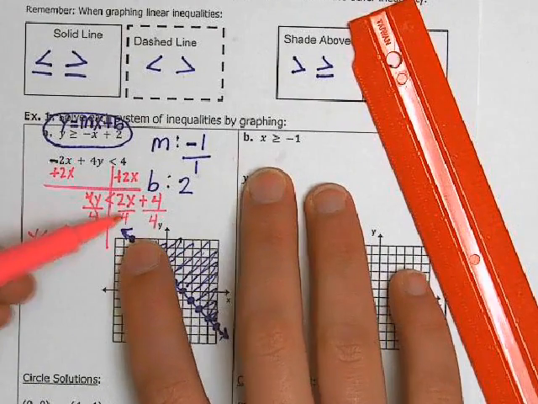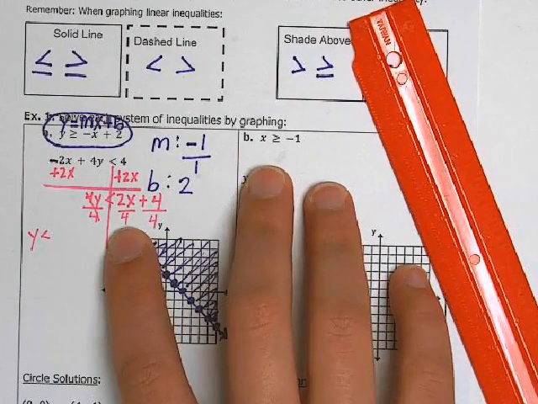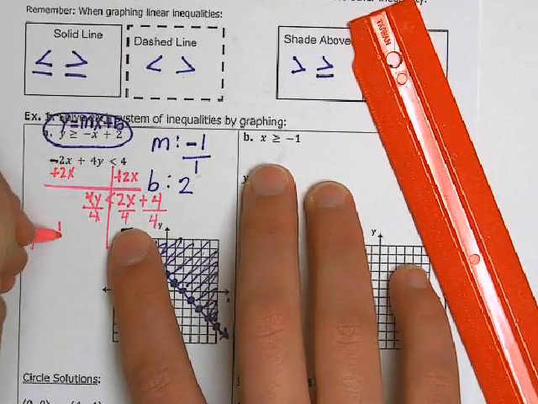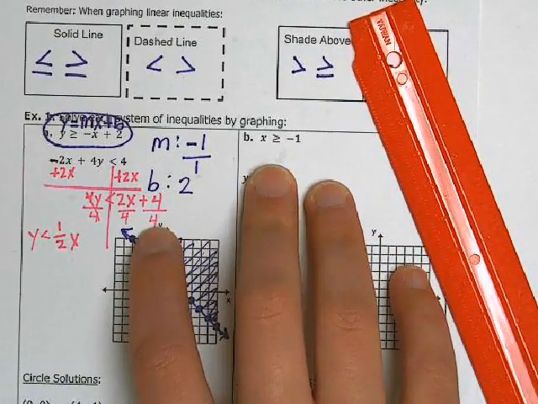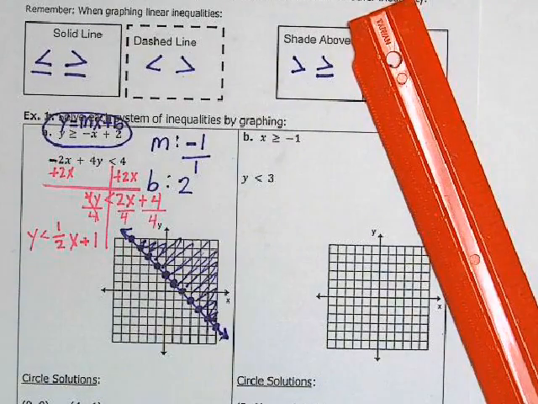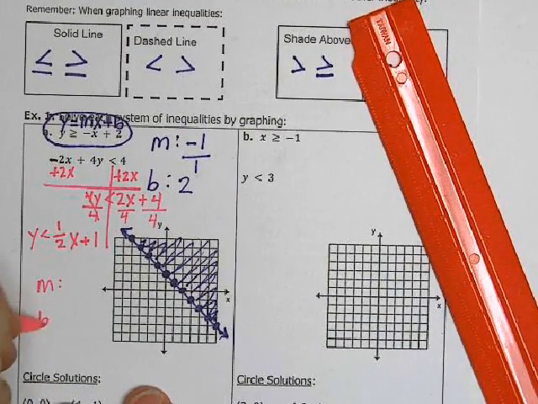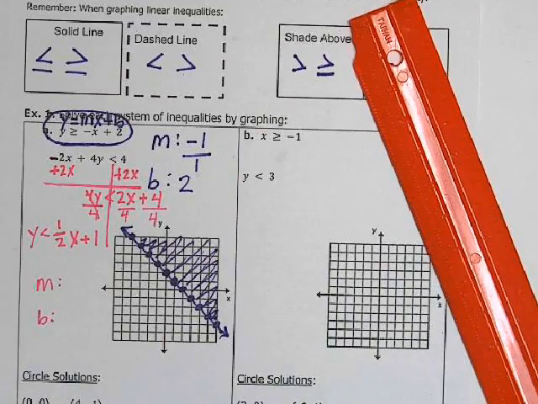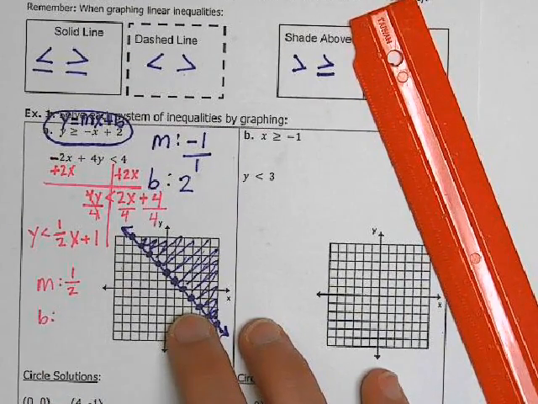What's 2 divided by 4? 1/2. 2 out of 4 is 1/2 x. 4 divided by 4. Positive 1. Good. Okay, now can I tell my M and my B? Yeah. Okay, so what's my M and what's my B? 1 over 2 is M and 1 is B.